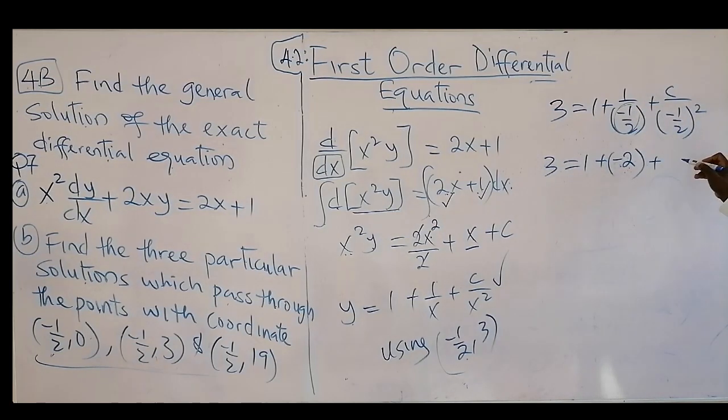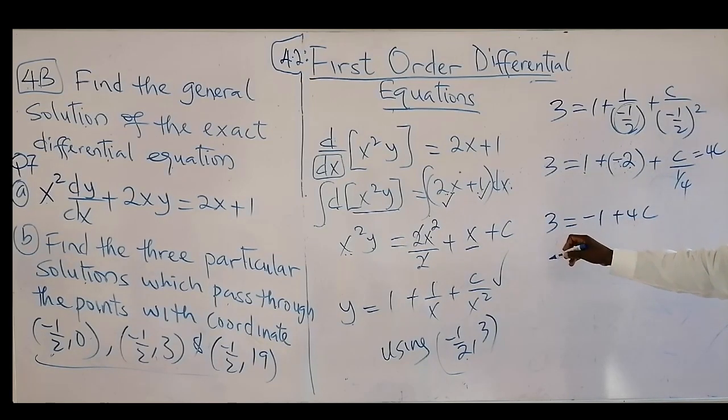Then plus c over 1 over 4, which is the same thing as 4c. So we now have 3 equal to 1 minus 2, that's a minus 1, plus 4c.